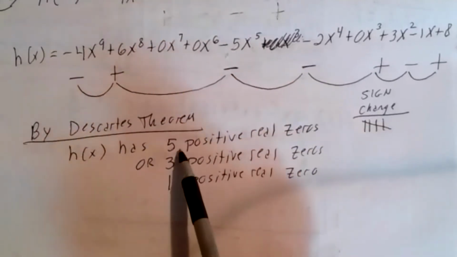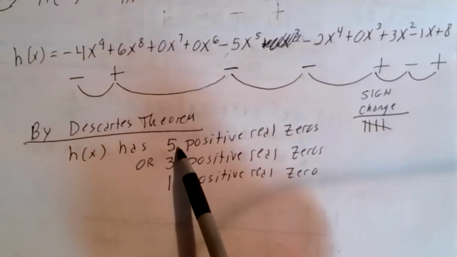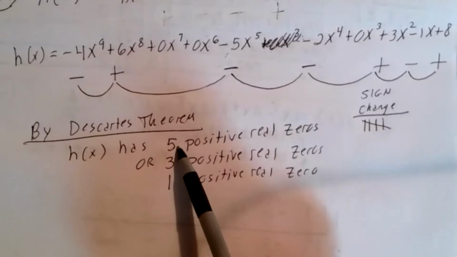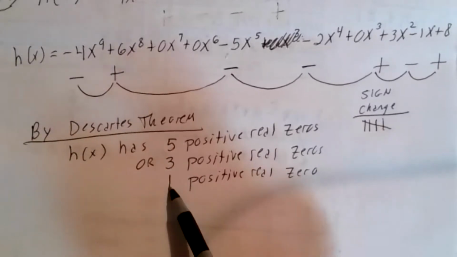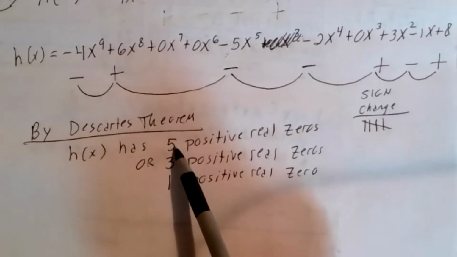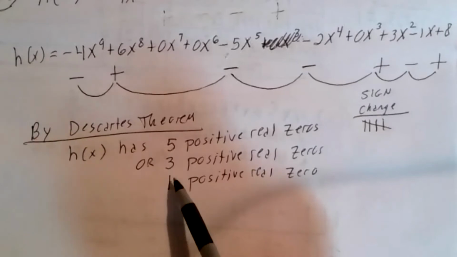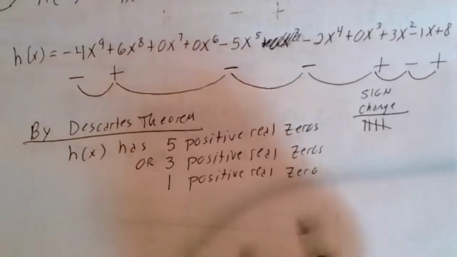In other words, if I had counted 4 sign changes, there would be a possibility of 4 positive real zeros, or 4 minus 2, or 2 positive real zeros, or 2 minus 2, or what? 0 positive real zeros. So you always decrease this by an integral multiple of 2, until you get down to 1 or 0, and then you quit.